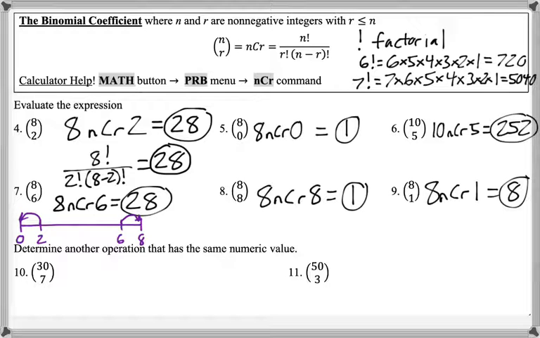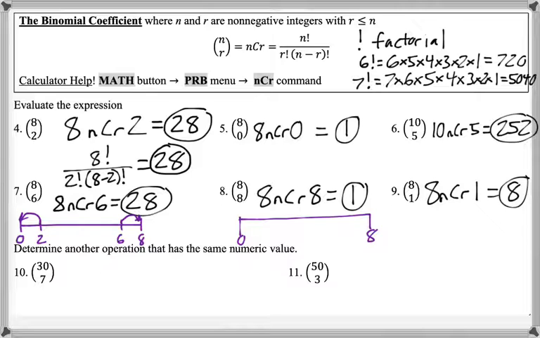Let's look at 8 choose 0 and 8 choose 8. So these are actually the endpoints themselves, and they both have the same value.